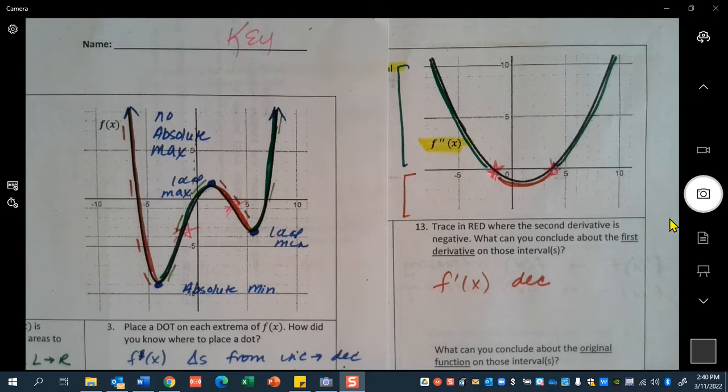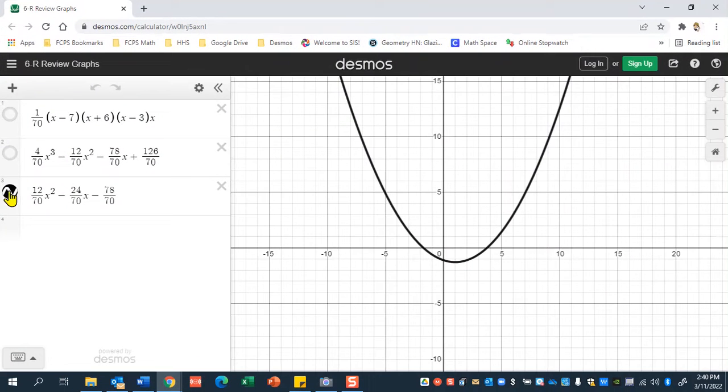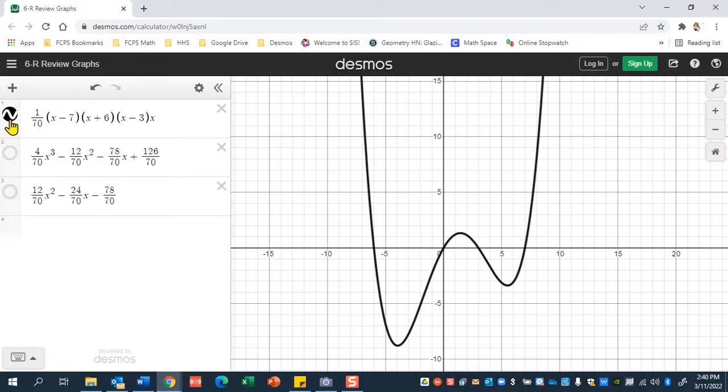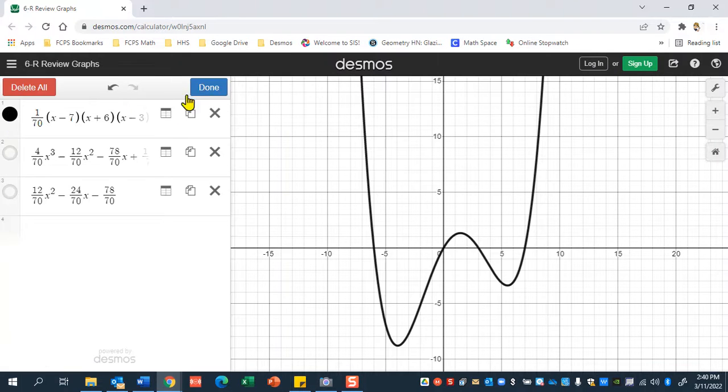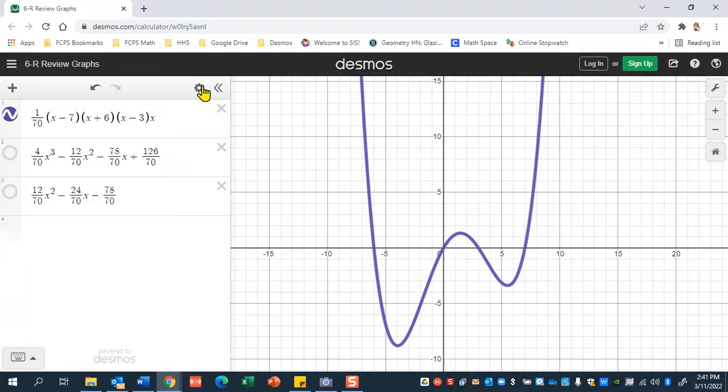All right. Here we go. At the risk of freaking you out. Here's our original graph. And we'll make this one purple, and we'll make it super thick. That's the same exact graph that we made up for this worksheet.